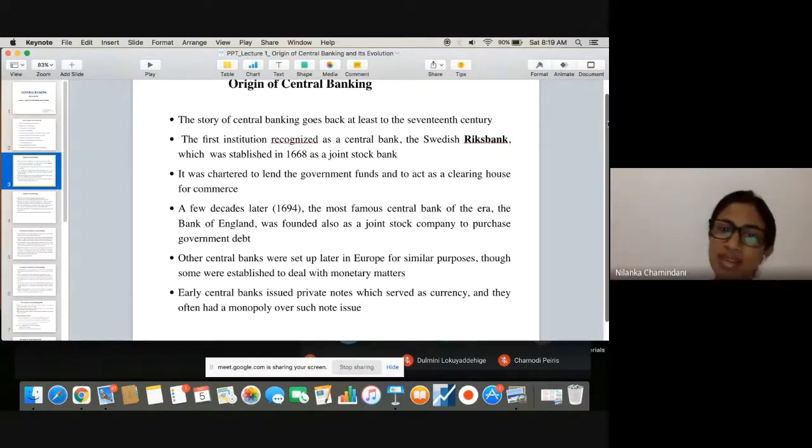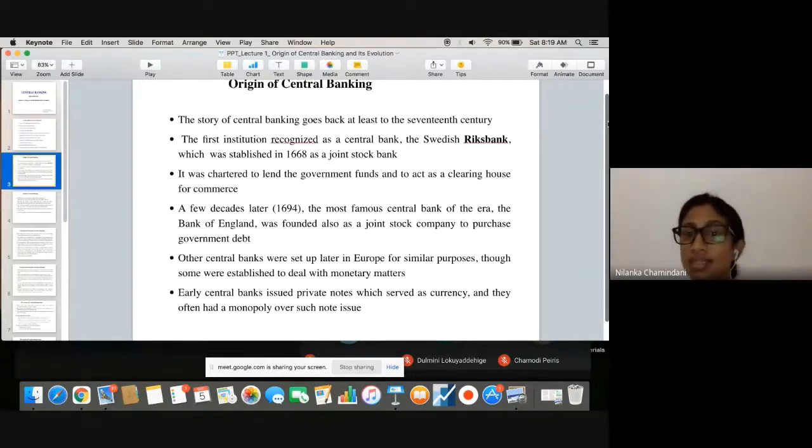When the big transactions are happening, banks have to do their transactions between banks on behalf of their customers. So in that process, there should be a mechanism, or a particular place, to help these transactions. The same thing we are doing today also.